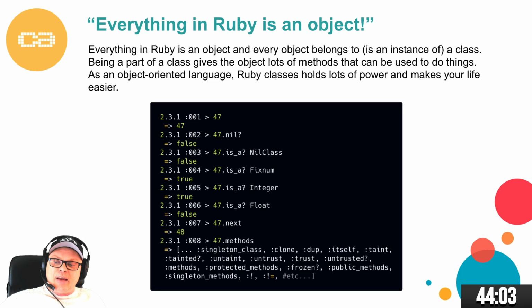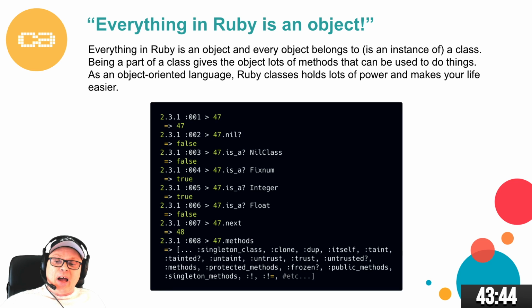So let's say that we ask our language if 47 is a nil class. It is not a nil class. A nil class is a specific class that holds nil in Ruby. Therefore we get false as an answer.